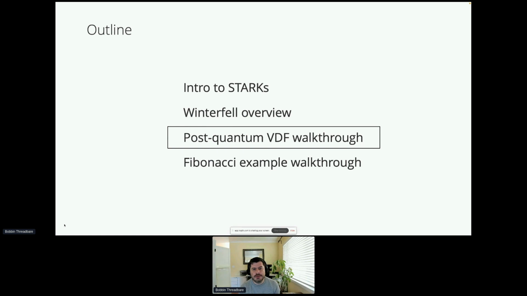How easy is it to extend Winterfell to support computations in the 256-bit prime field? Would it be slow? So it's not difficult. There is a set of traits that need to be implemented to support the 256-bit fields. Would it be slow? It would be slower. The larger your field is, your complexity grows faster than linear.